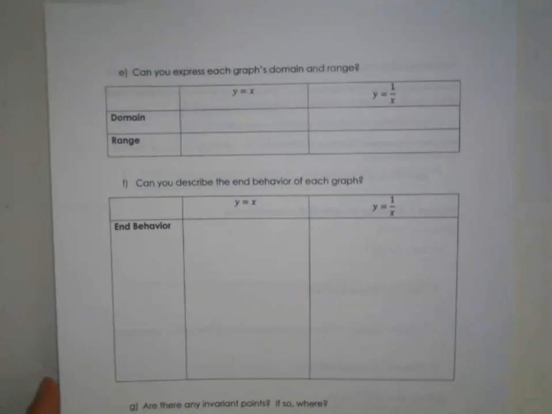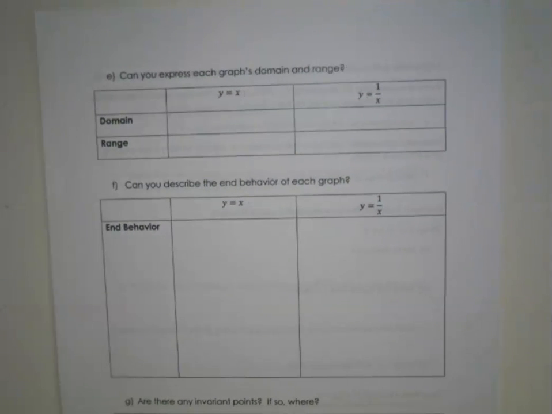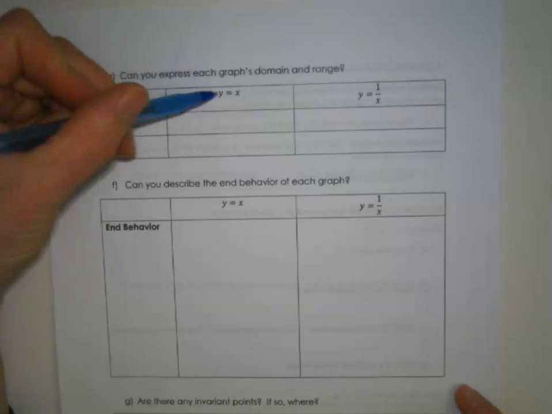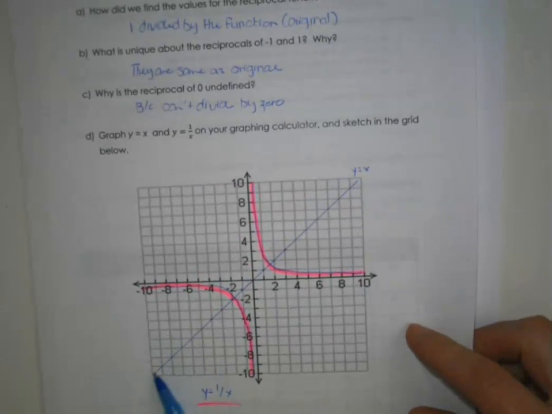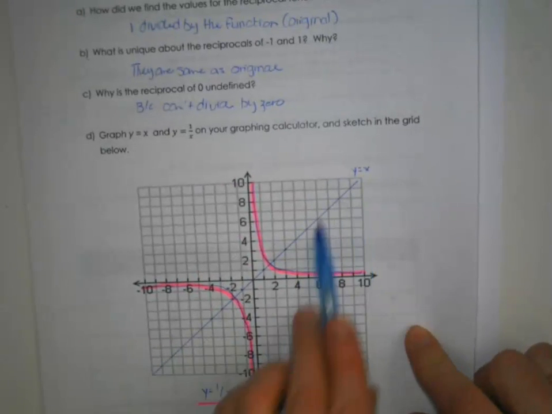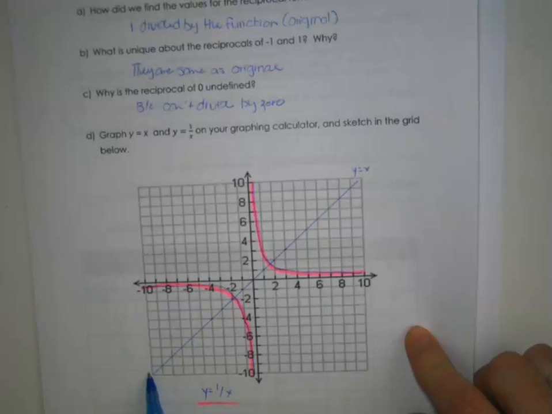We're going to get into some more graphing details now, looking at the graph's domain and range. For our x values, for y equals x, we had that linear function. What would we say the domain is? Well, there's no restrictions on either the domain or the range, right?